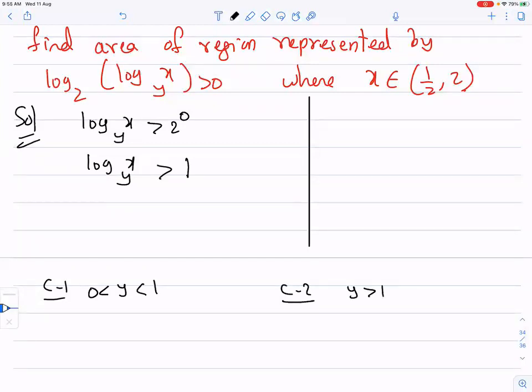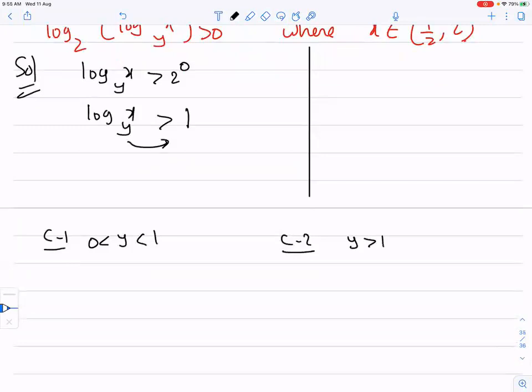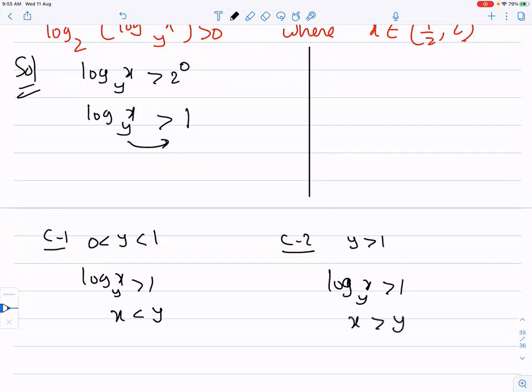If y lies between 0 and 1, when I remove this y, log x base y greater than 1, x will be less than y. Inequality will reverse. When y is greater than 1, log x base y is greater than 1. When I remove this y, inequality will not reverse, inequality will be same. X greater than y. Correct, students? Now, what are the corresponding x values and y values?